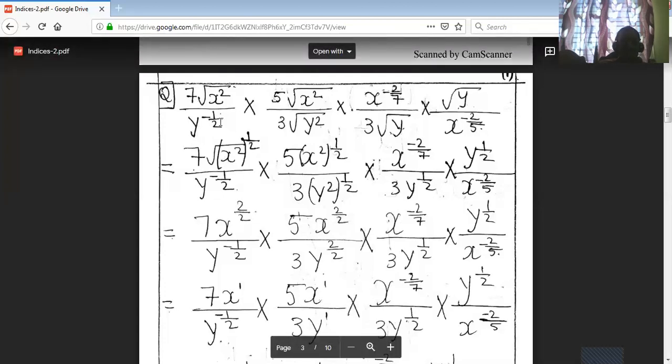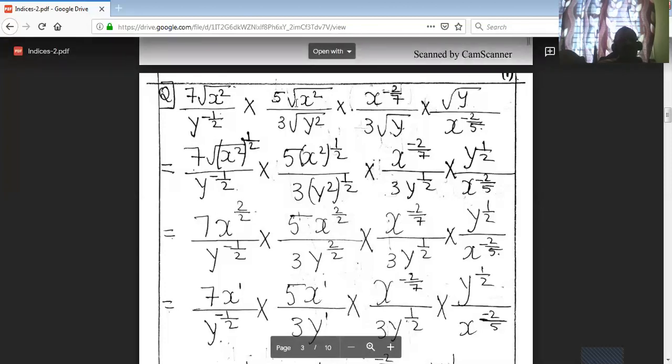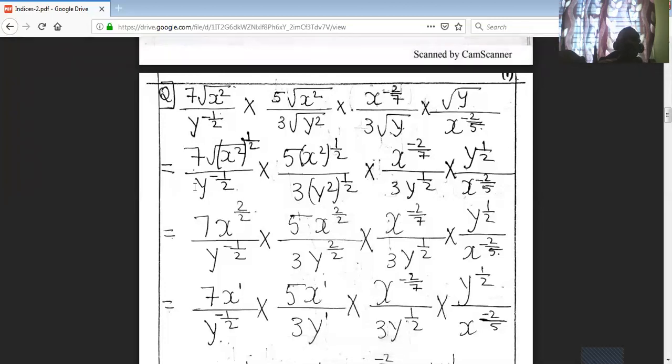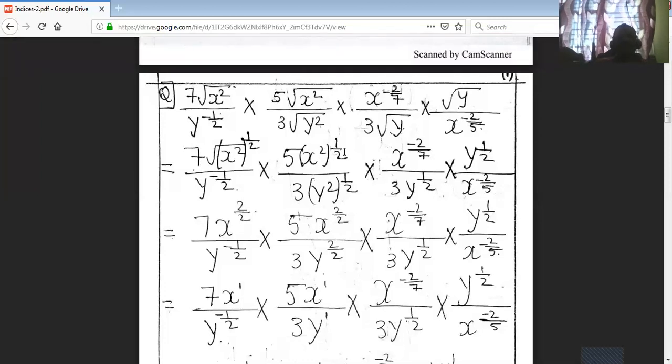Similarly, you retain this y to the power of minus 1 by 2. Otherwise you can take this as y to the power of plus half, or root of y. That can be done, but anyway I am retaining this. Now 5 into root of x square is 5 into x square to the power of 1 by 2.